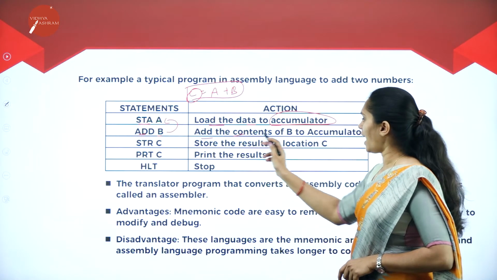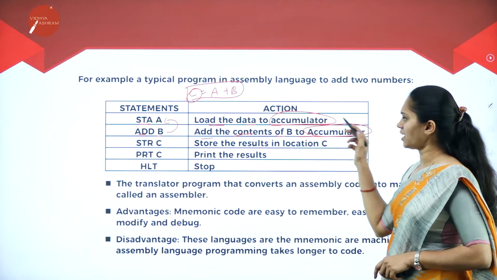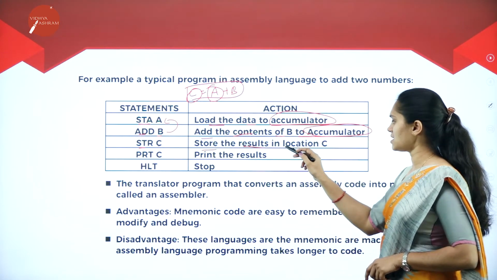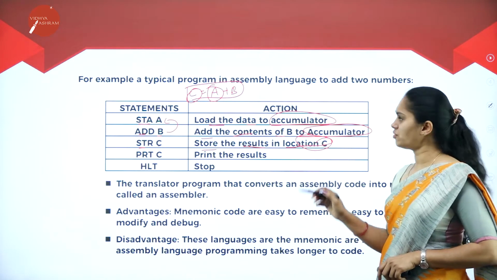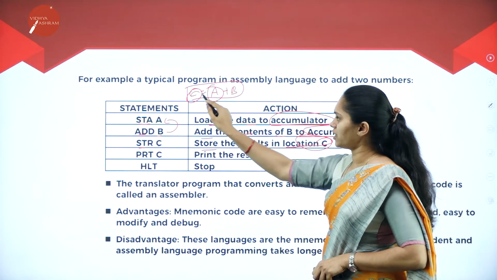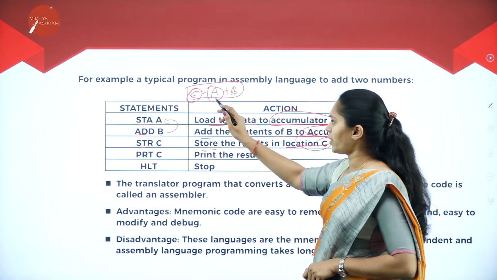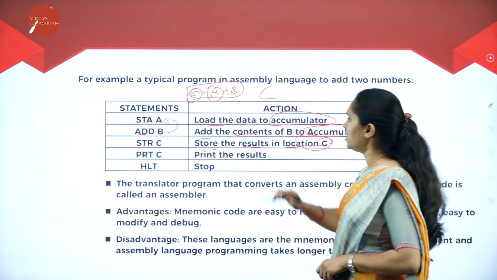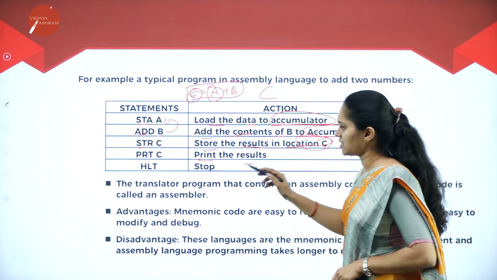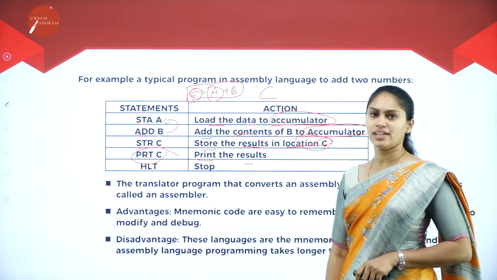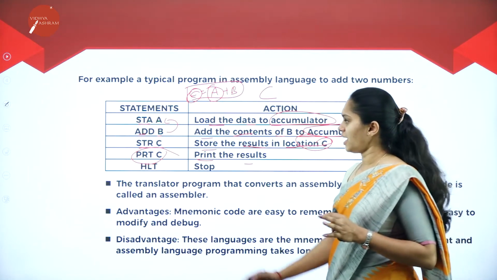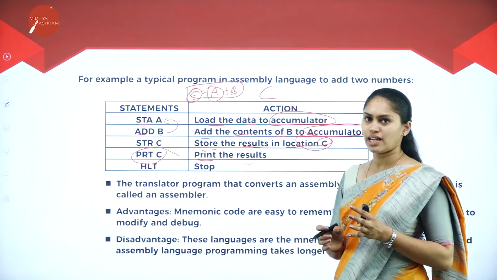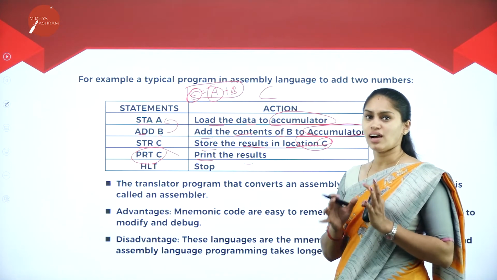ADD B is nothing but adding the content of B to the accumulator. In the accumulator, we have the value of A, and STR C stores the result. So I am storing the result in location C. After adding A and B, the result is stored in the location called C. Whether it is in A, B or C, the result is in location C. So it has to be printed using PRT C. PRT means print and STR means store. STA means store, and LDA loads the content to the accumulator.